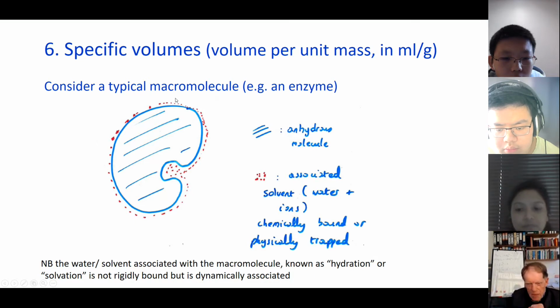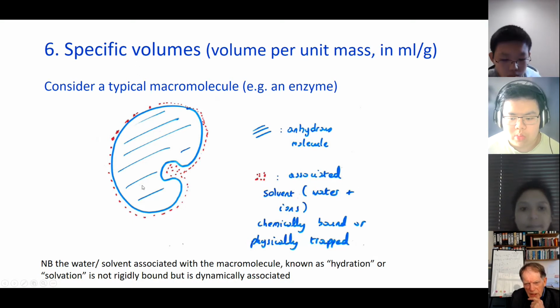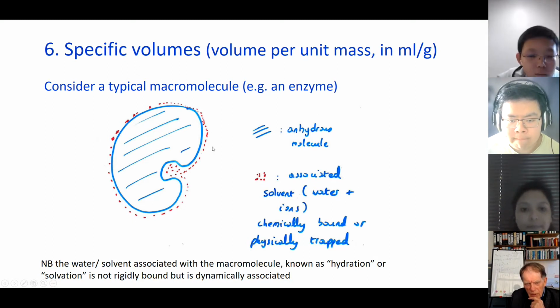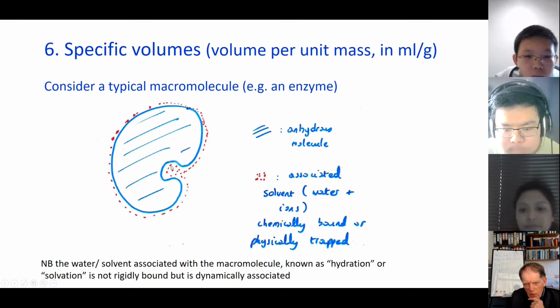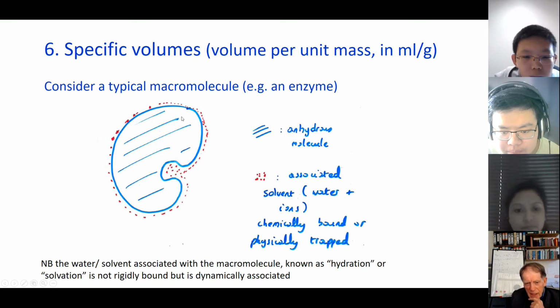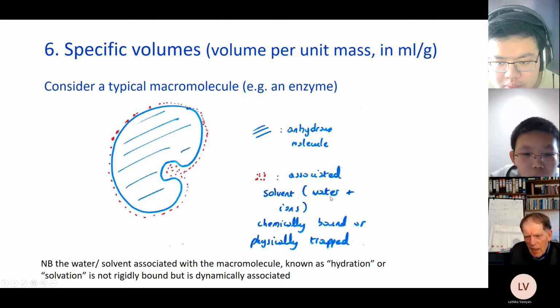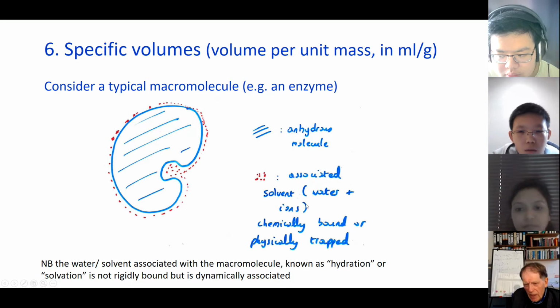However, on a time average basis, we have what's called hydration, which represents the water associated with the molecule on a dynamic basis. Also, you can get water which is trapped in the interstices. I say water, but really I should use the term aqueous solvent because it includes ions as well that may be present in the aqueous solution.